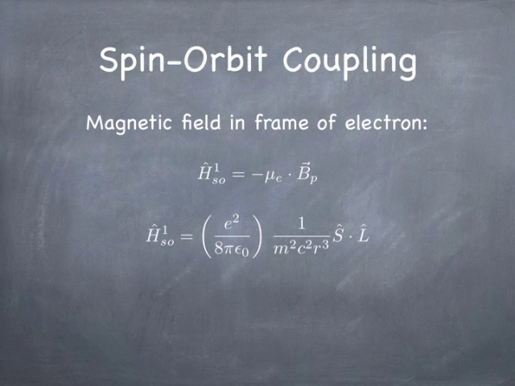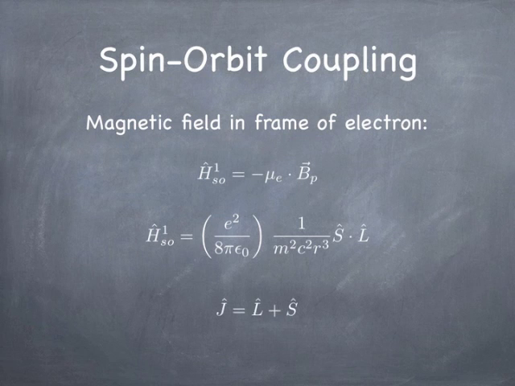But there is a correction to the energy. The perturbation is proportional to S because the magnetic moment depends on S, and it's proportional to L because the Biot-Savart magnetic field from the proton depends on L. Or if you like, the magnetic field observed by the electron due to the Lorentz transformed electrostatic field of the proton depends on L. So you end up with the dot product of S and L, and that is the perturbation.